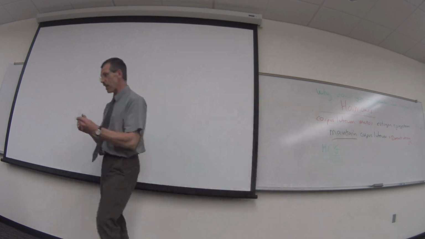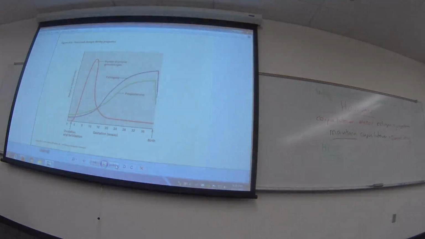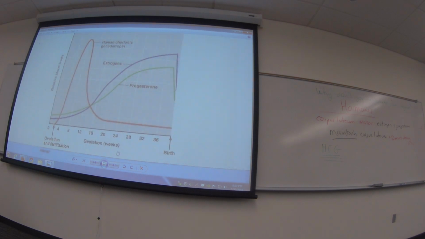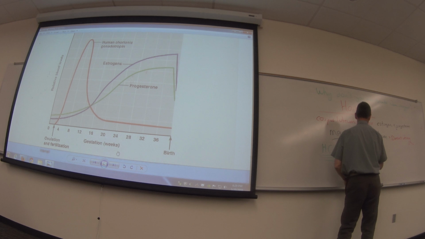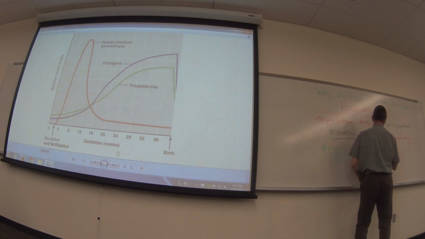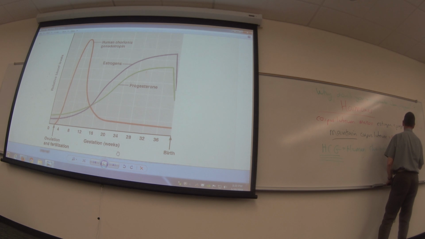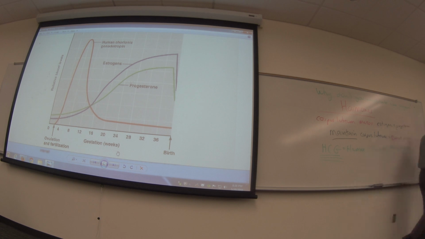So HCG is a hormone. I'm going to show you a graph. Boom. Like this here. So up there in, what was that, brown? That's the name. You don't have to know it, but I'm going to write it anyway. Human chorionic gonadotropin.